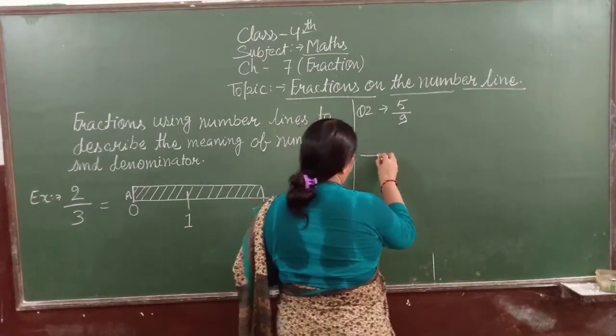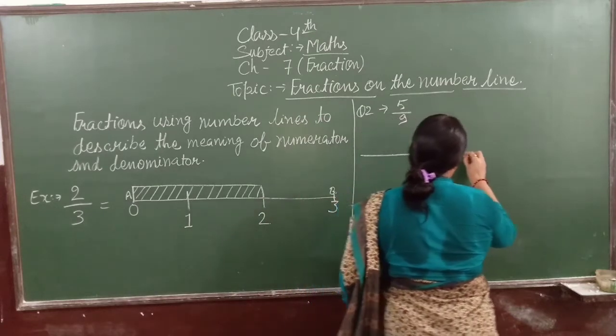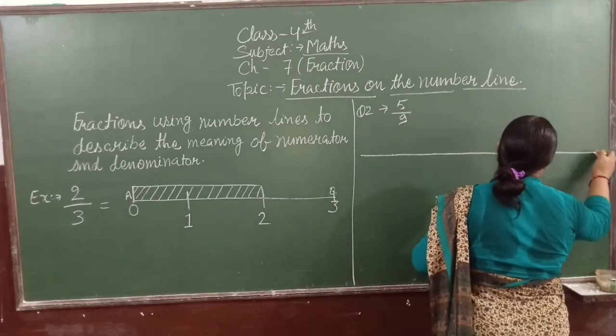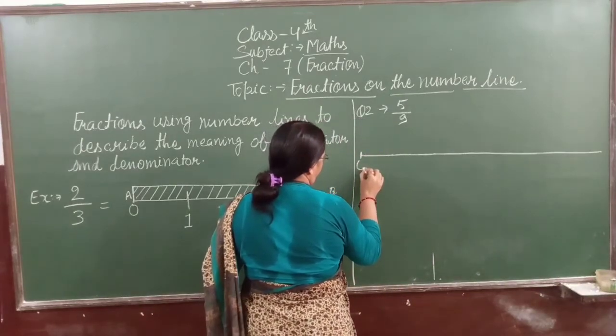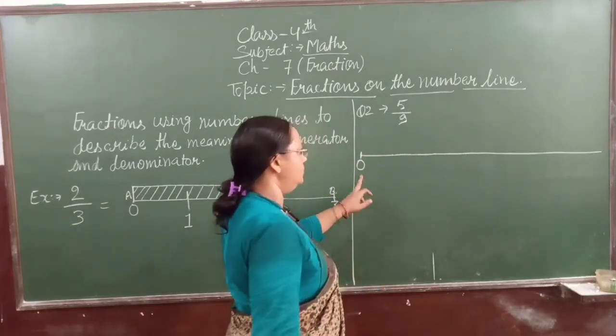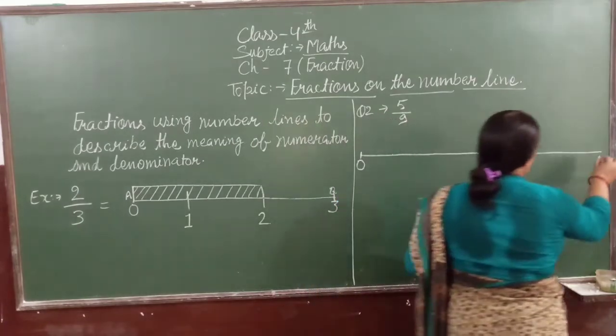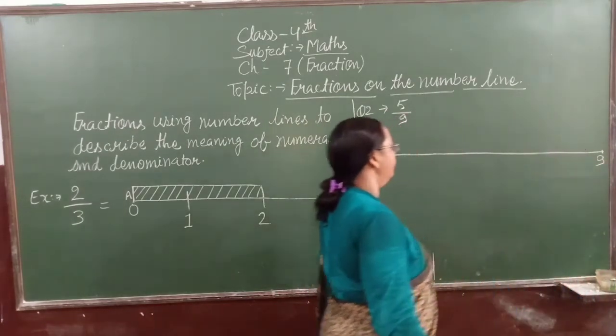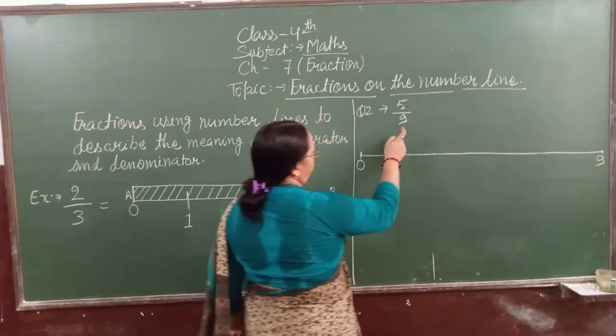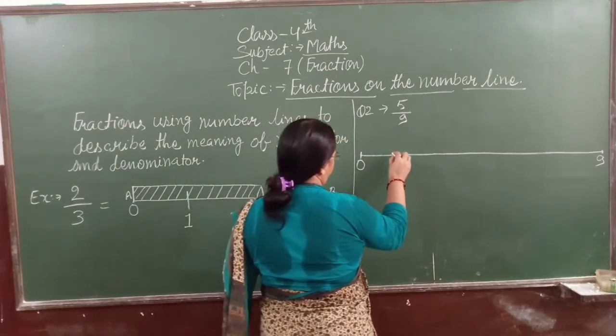So at first we draw a line, starting with the whole number 0, and this point is your 9, and we have to take 9 equal parts.